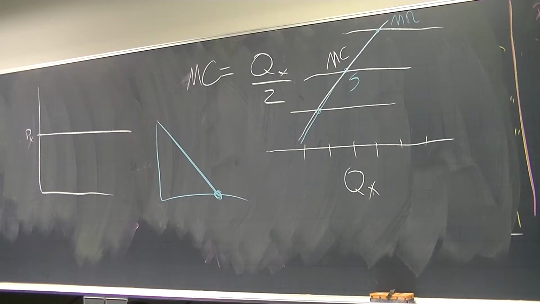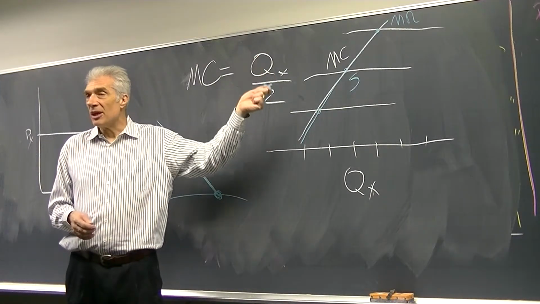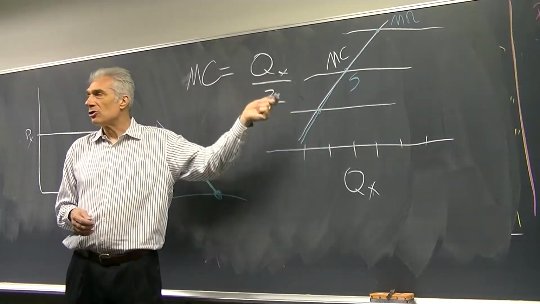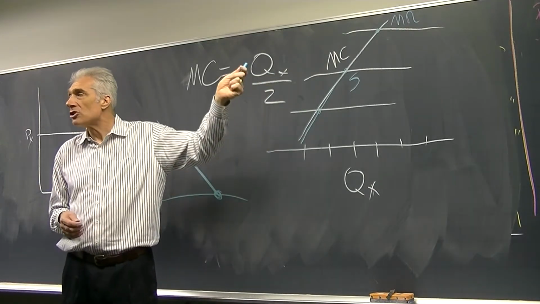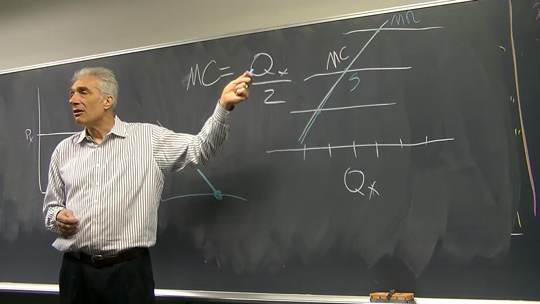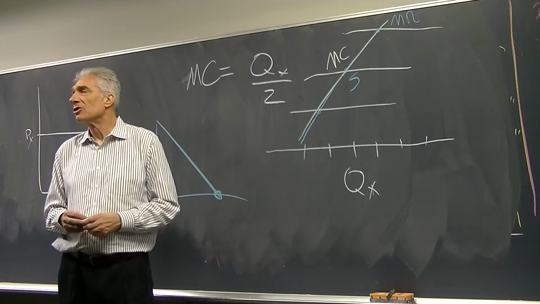It's 0. That's it. So keep that in mind. That's why we have an upward sloping marginal cost curve. That's why when you're describing perfect competition, you want to talk about an upward sloping marginal cost curve.